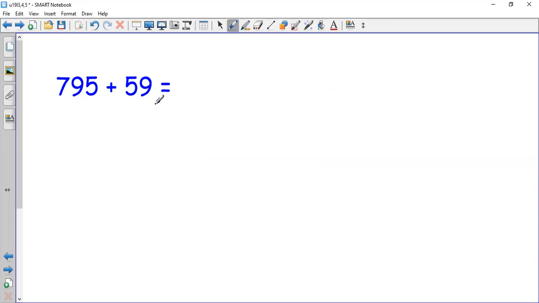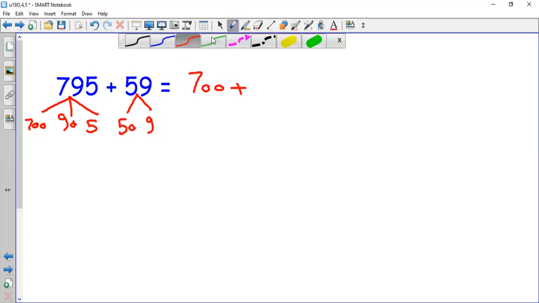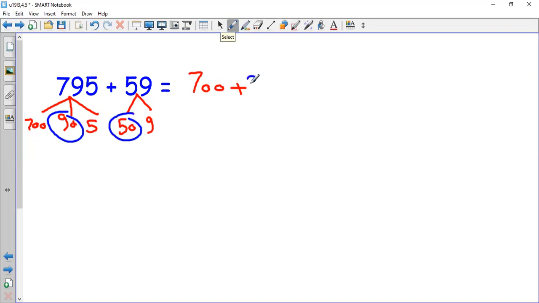795 plus 59. As usual, 795 and 59 as 50 and 9. Let's put the multiples next to each other. I have only 700 and I have here 90 and 50, so plus 90 plus 50.